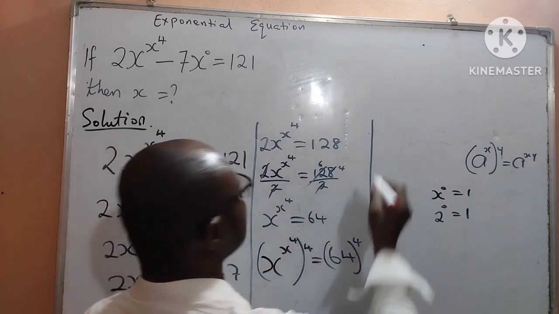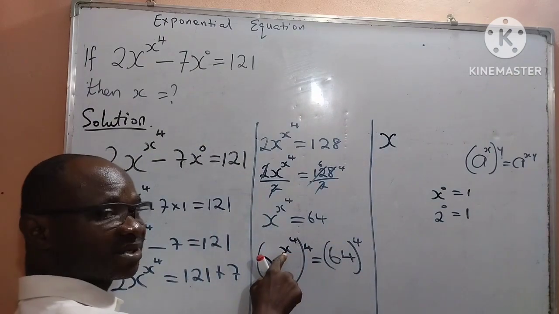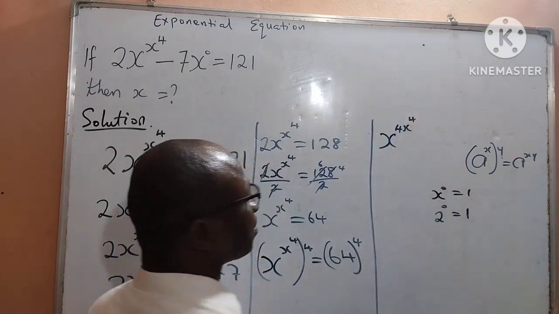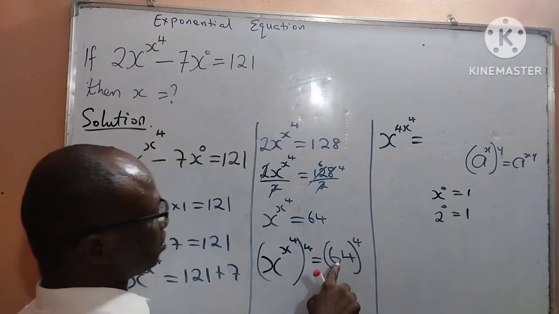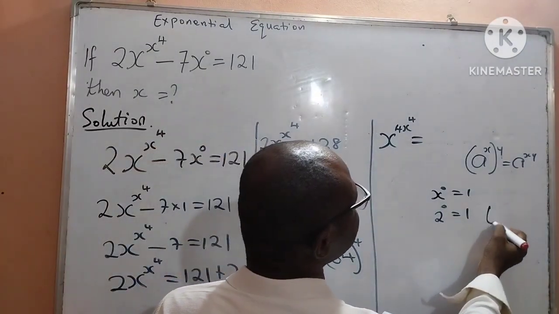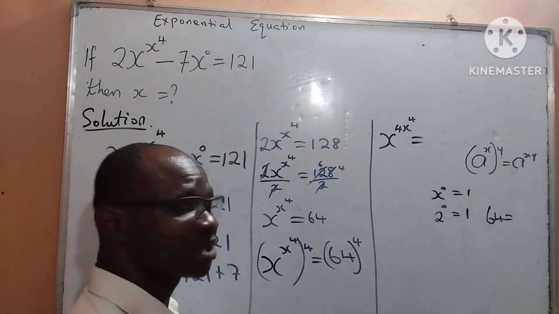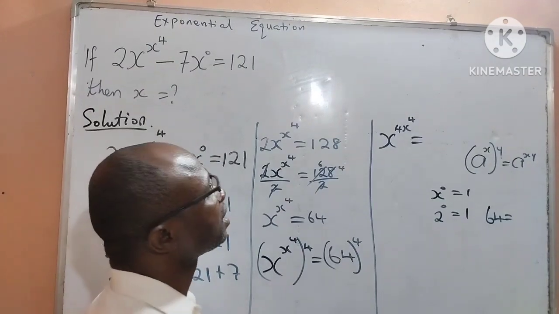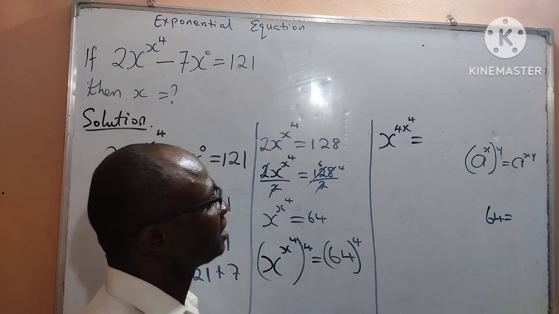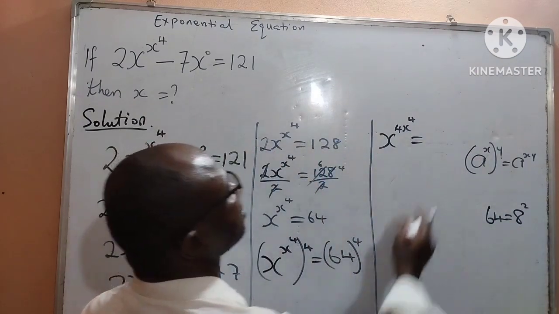And when that happens, what I shall have written is x, then 4 times x to the power 4 will give me 4x to the power 4 equal to 64. Also, 64 is the same thing as 8 raised to the power 2. 8 raised to the power 2, that is 8 times 8.